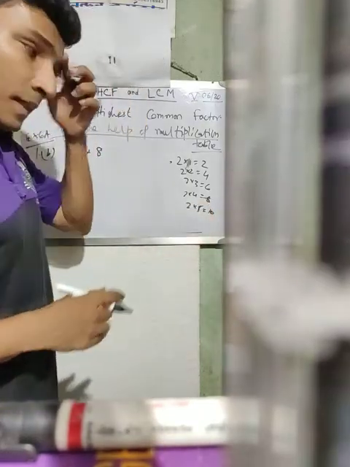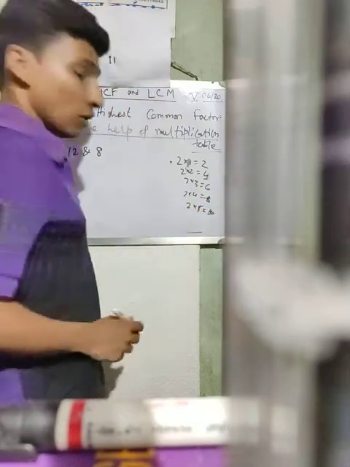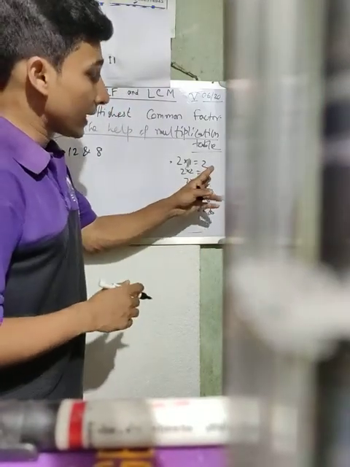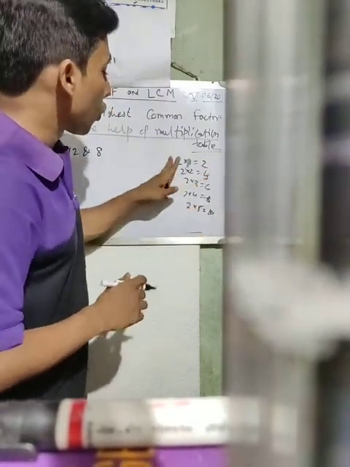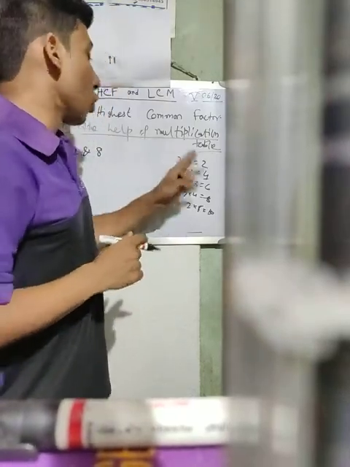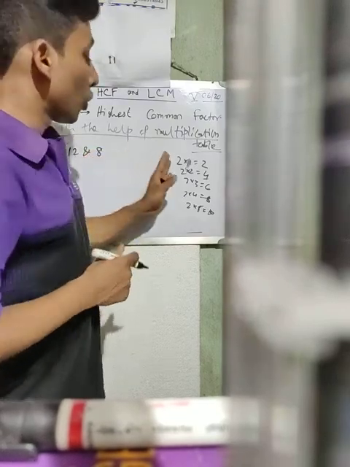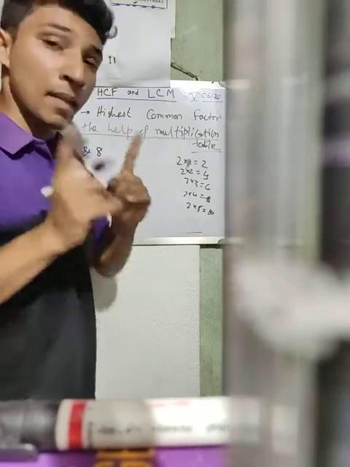Now one thing you see, suppose you are asked to find the HCF of 4 and 10. You can see 4 and 10 belong to which multiplication table? The multiplication table of 2. That means we have to find the numbers which belong to the same multiplication table.